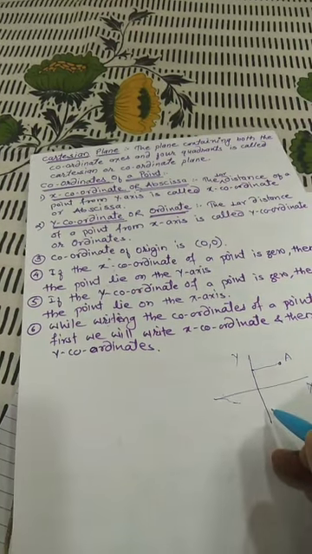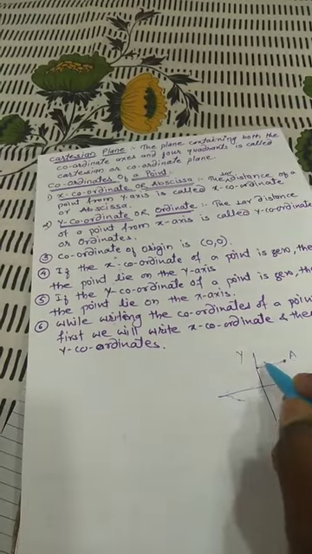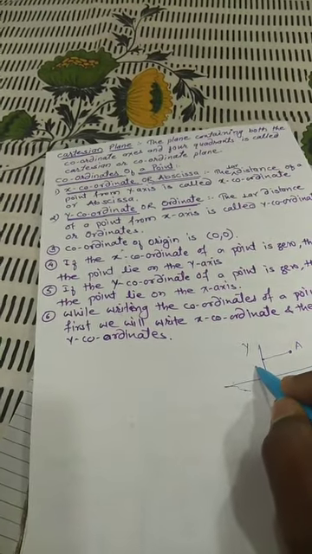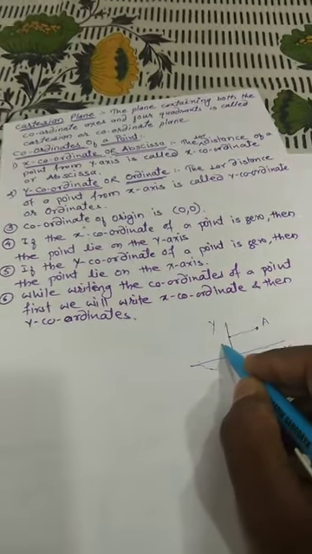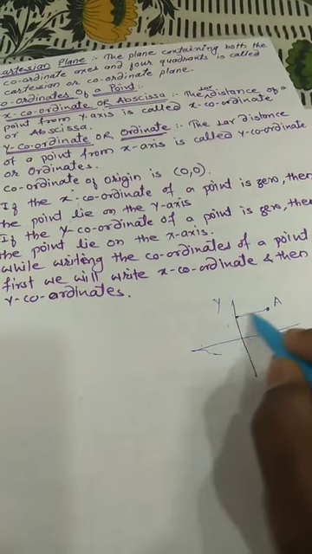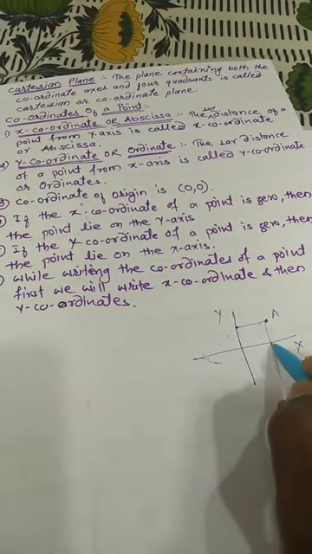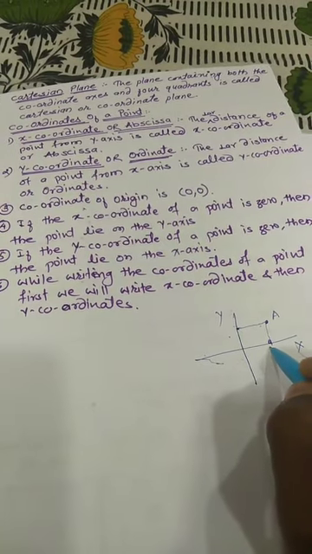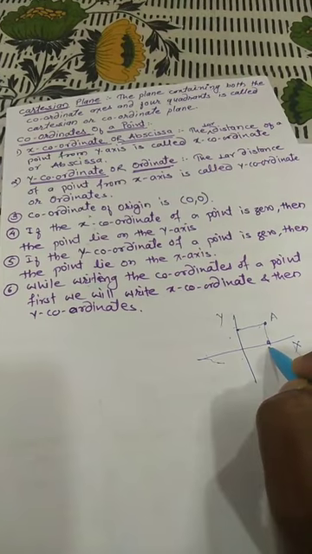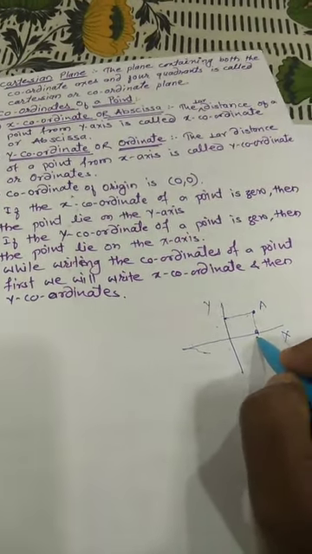The perpendicular distance of a point from the y-axis is called x coordinate or abscissa. It means how much is the distance from the y-axis, that we get here on the x-axis. So this point is called the x coordinate. Understood, students? What is the meaning of x coordinate?